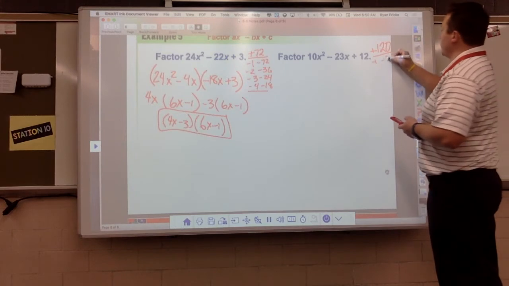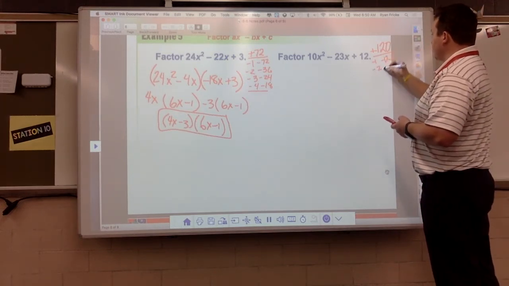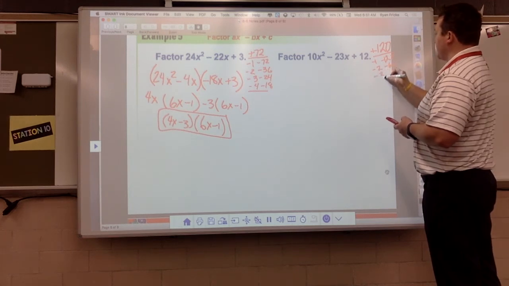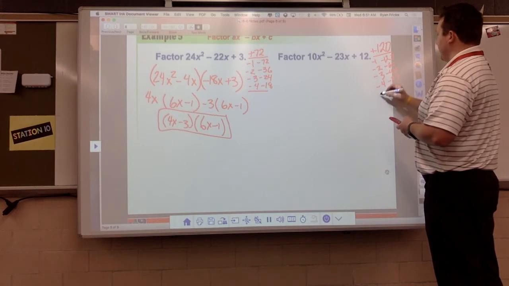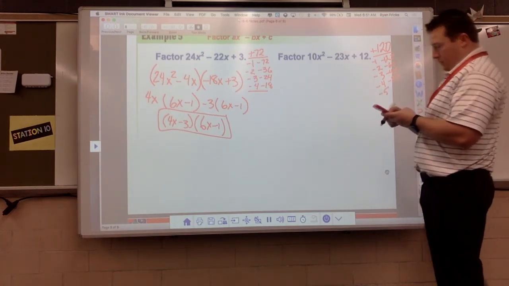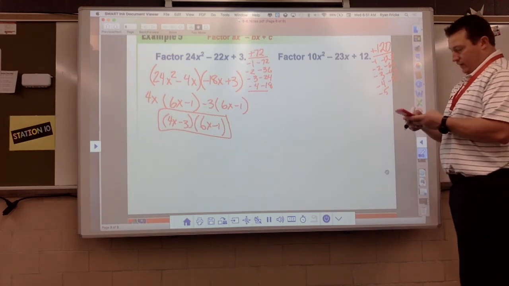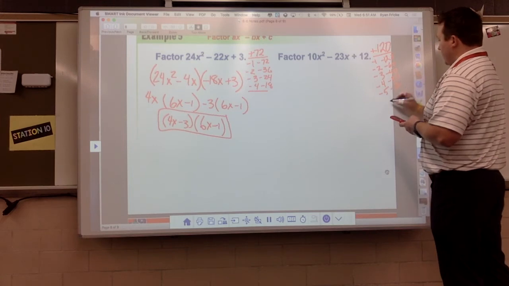But like negative 1 and negative 20, no, 120. Negative 2 and negative 60, negative 3 and negative 40, negative 4 and negative 30, negative 5 and whatever this is. I think this is going to be our magical pair. Calculator work. 24. Nope, sure didn't work.